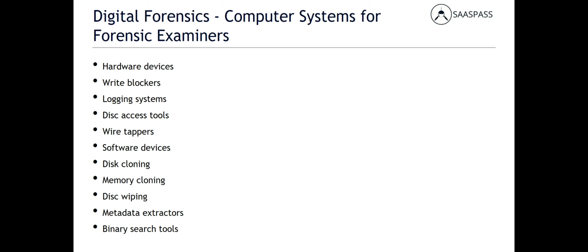And if this metadata is changed, it may lead to another kind of reasoning during a case in court. So you may think that this file has been accessed yesterday instead of 3 years before. So it may lead to another conclusion. So you don't want to do that. That's why a write blocker is very important, and these devices should be used during copying.